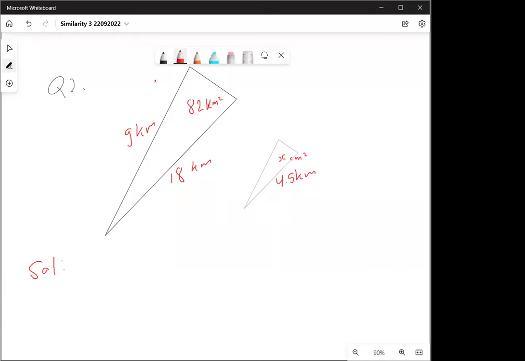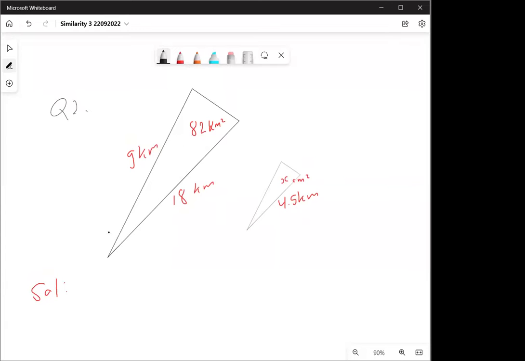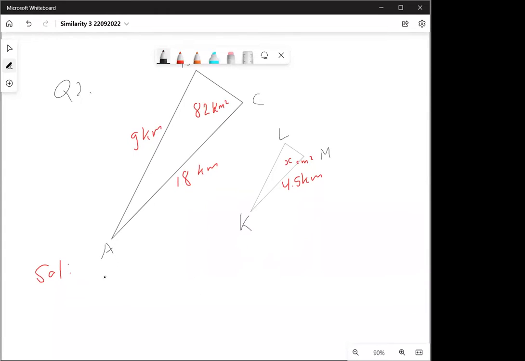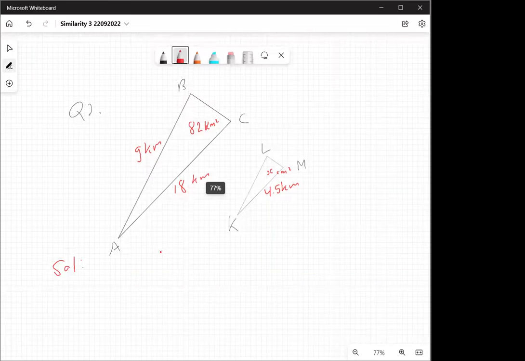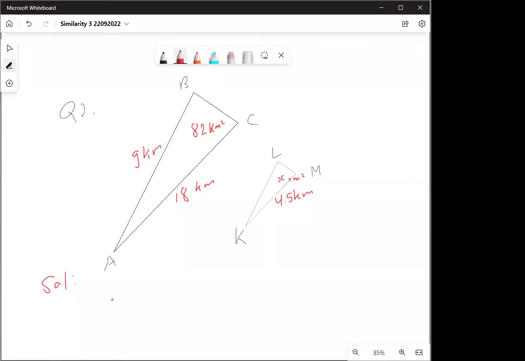First thing is give them letters. So I'll say this is A, this is B, this is C, this is K, this is L, this is M. Now, how do I find out what K is? First we take AC and KM.